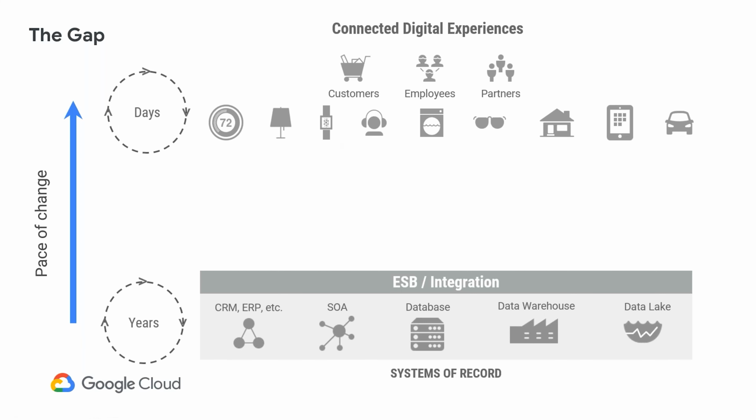You have smart home appliances, smart homes, everything, and there can be applications built for various kinds of users: end customer applications, applications only for internal staff and employees, and B2B applications for partner enterprises.